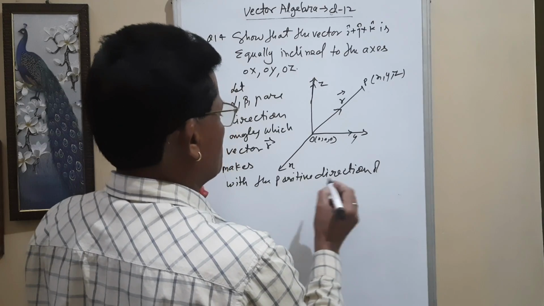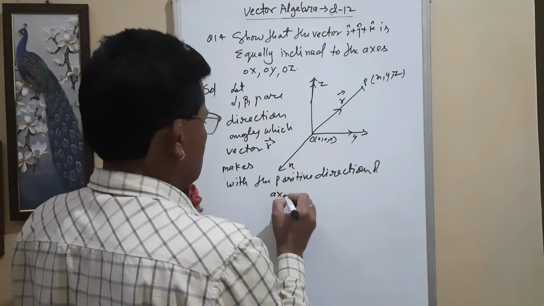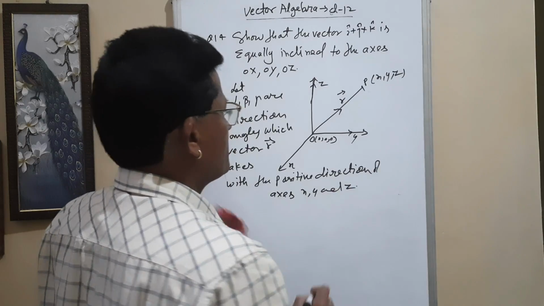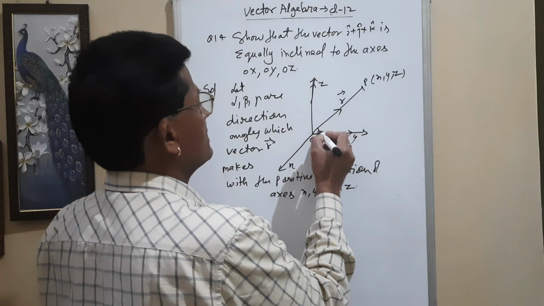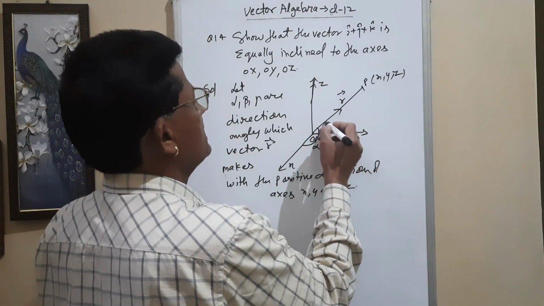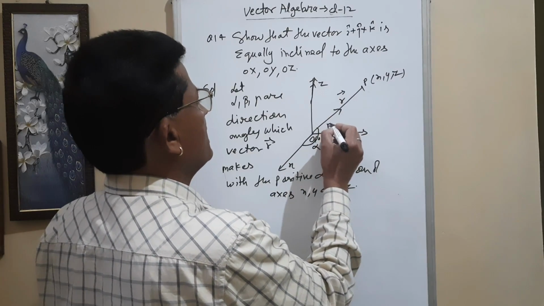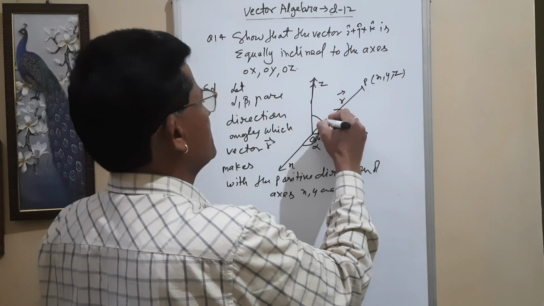Let me write x, y and z. Positive direction. This will be the alpha angle, which the vector makes with the positive direction of the x-axis, and this one will be the beta angle, and this will be the gamma angle.